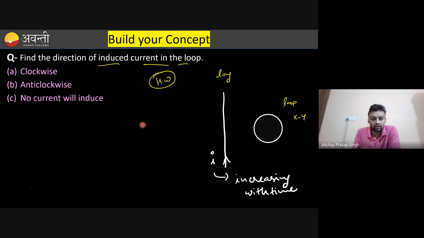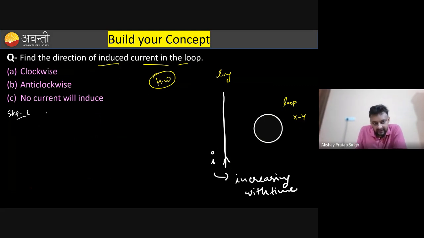If you don't know Lenz's law or the steps to follow, I will describe it in steps. First of all, what should be your first step to find the direction of induced current? Your first step should be to identify the direction of the original magnetic field.